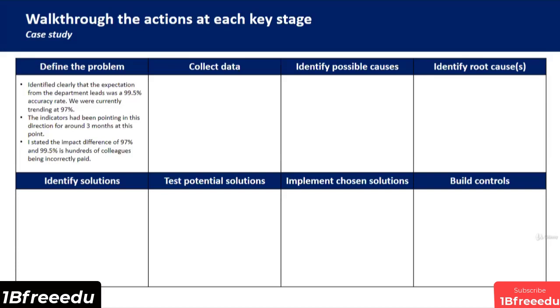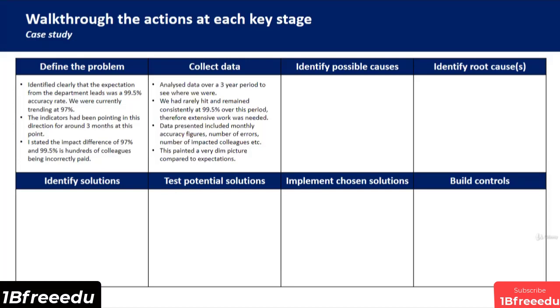The indicators had been pointing in this direction for around 3 months at this point. So clearly defining these are our key indicators that are showing we have a problem and the time frame in which that problem is occurring. And I stated the impact: the difference between 97% and 99.5% is actually hundreds of colleagues being incorrectly paid. We need to solve for this issue because the impact is hundreds of colleagues being paid incorrectly.